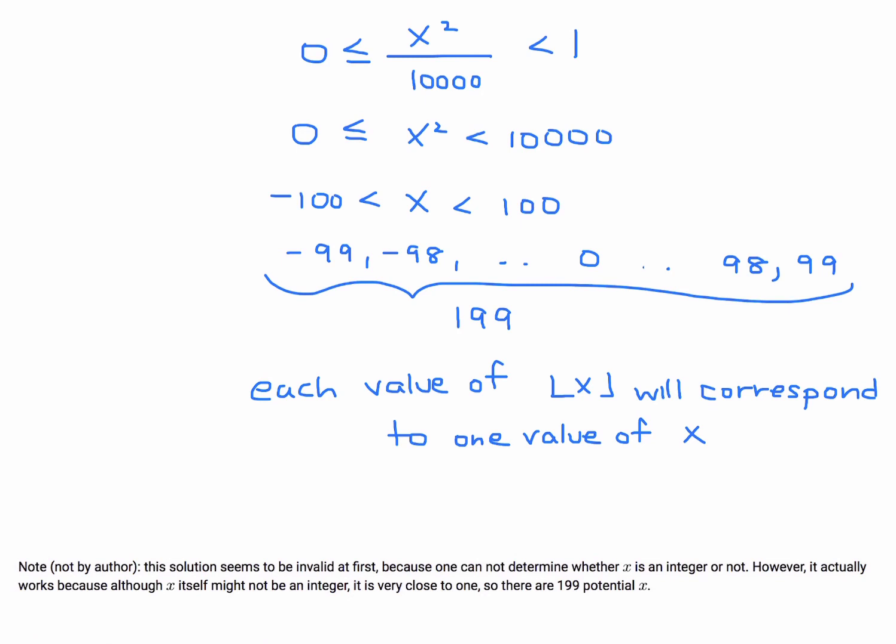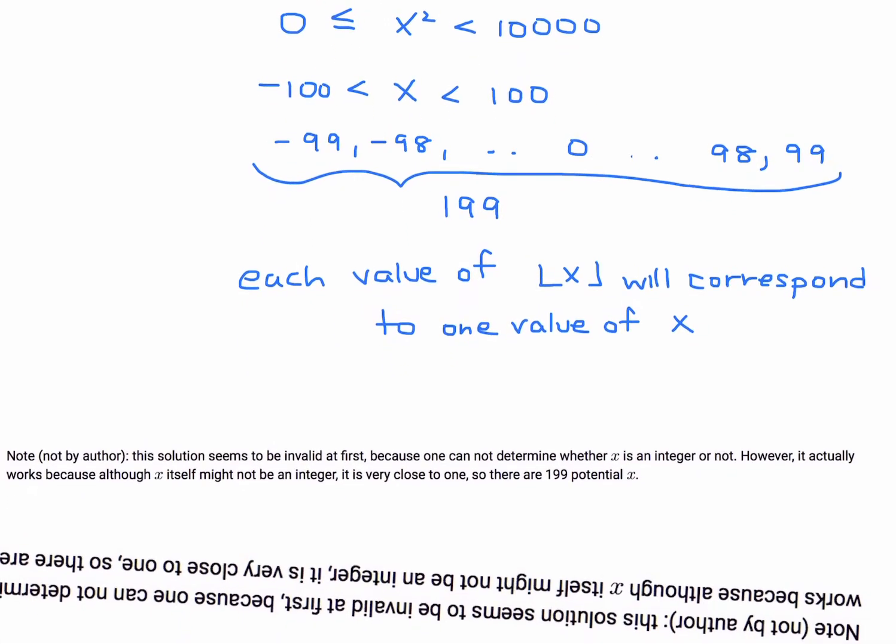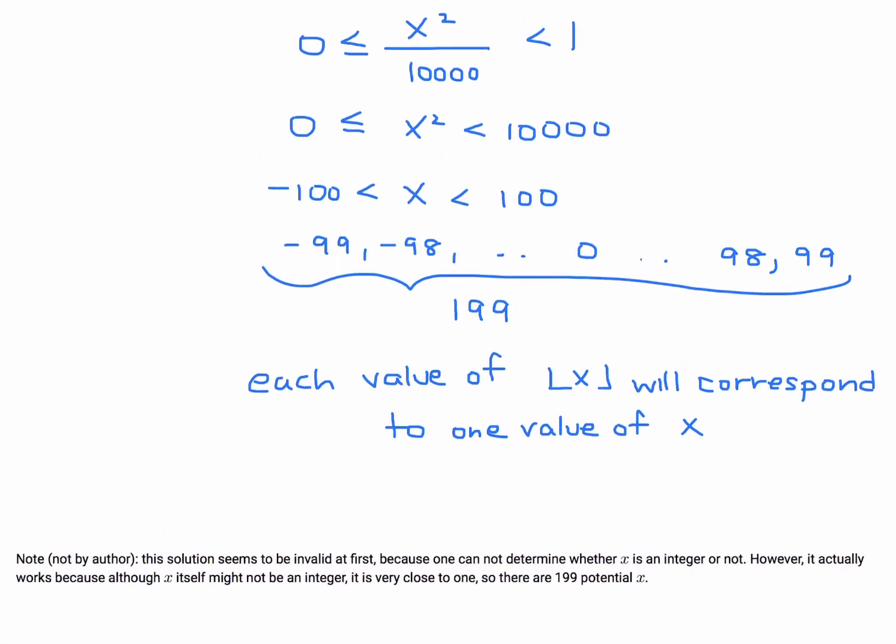So as we can see, the solution seems to be invalid at first, because one cannot determine whether x is an integer or not, right? Because they're just saying x is a real number. However, it actually works because although x itself might not be an integer, it is very close to one. So there are therefore 199 potential x.